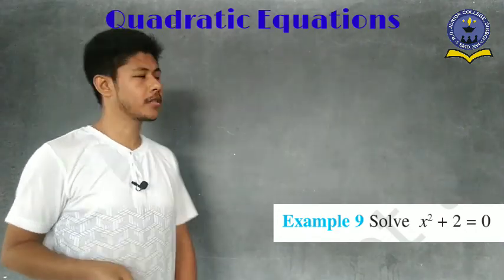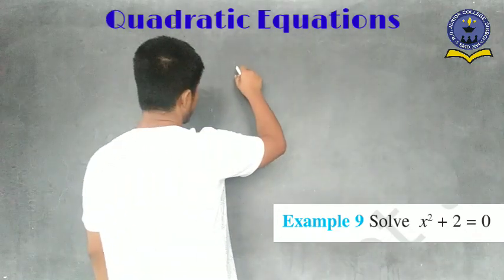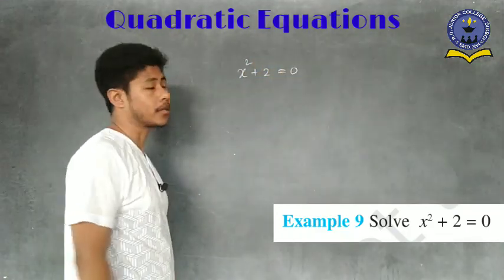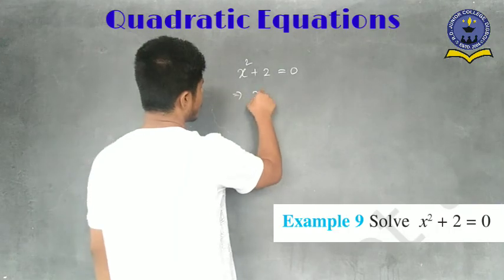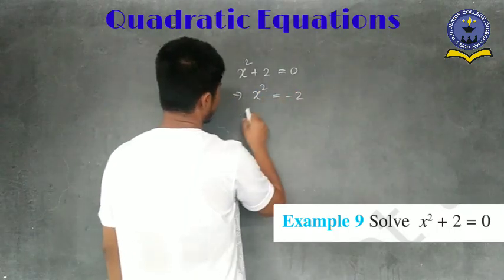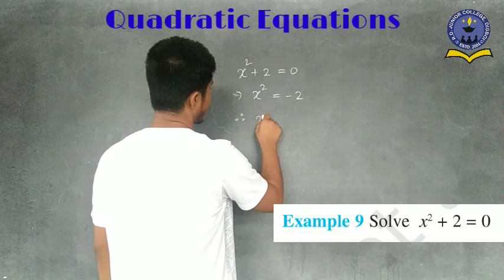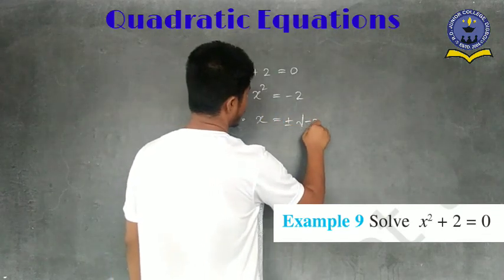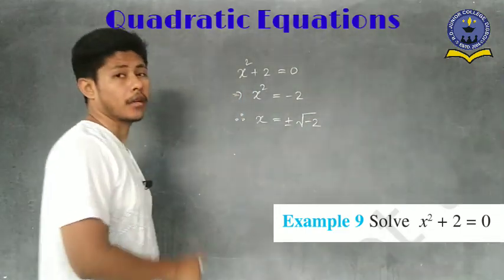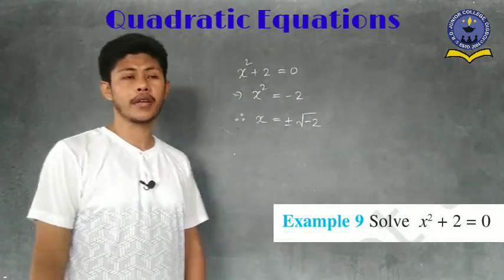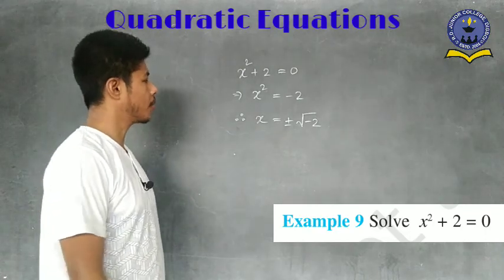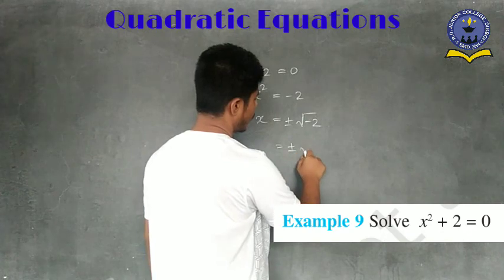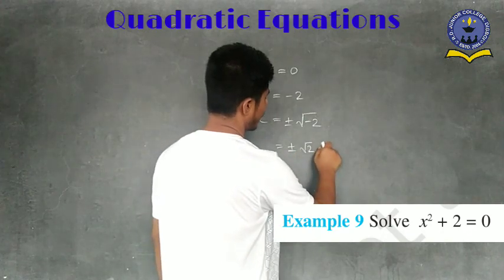From here, x square equal to minus 2, and therefore if we take the square root, we get x equals to plus minus root over minus 2. Ultimately this we can write as root 2 i.